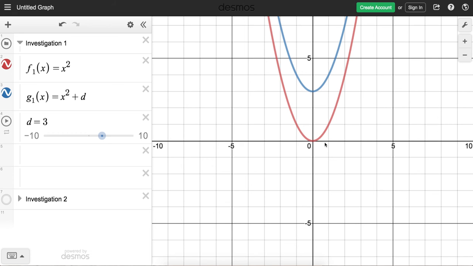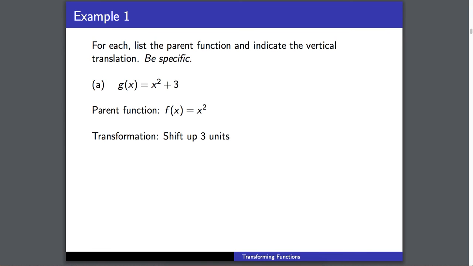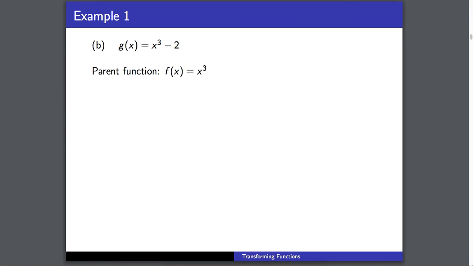Hopefully you can see that it takes this x squared graph in red and moves every point up a total of 3 spaces. So for instance, on the original graph, we had negative 1, 1, and on the new graph, we have negative 1 and 4. So this one moves everything up 3 units.